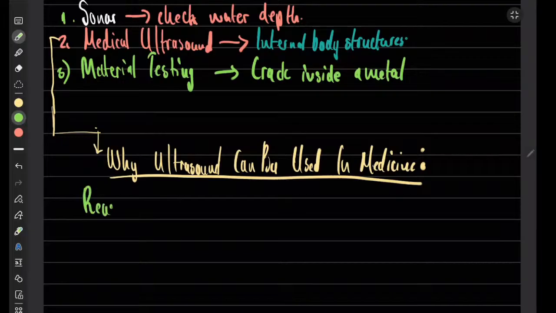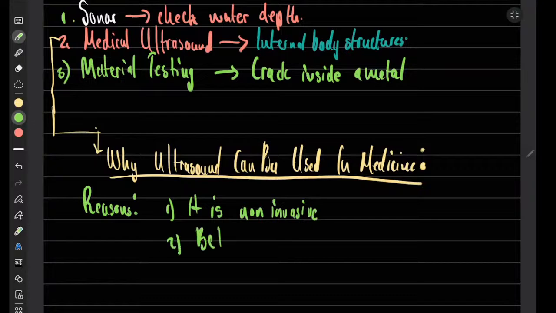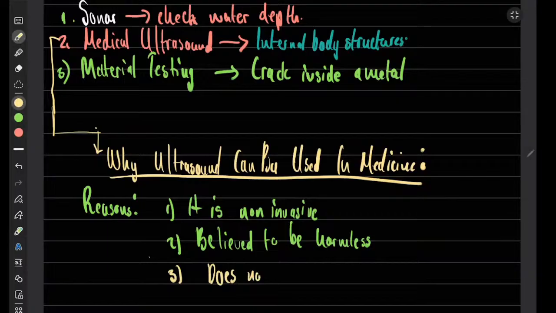Reasons are here. 1, it is non-invasive. Can't get in. Number 2, it is believed to be harmless. Even on the skin, it can do nothing. Number 3, it does not use ionizing radiation.